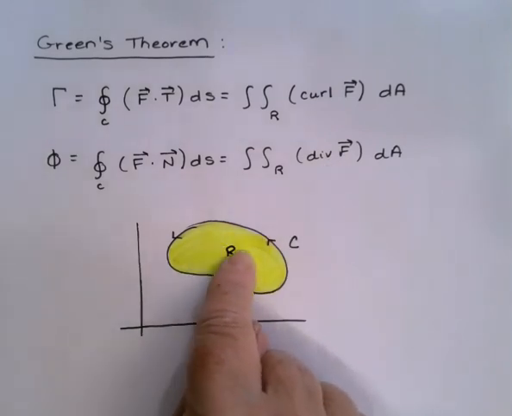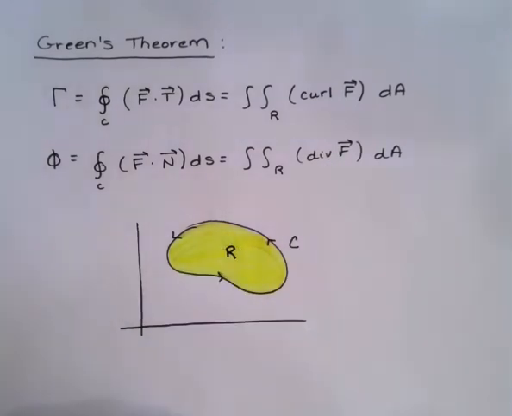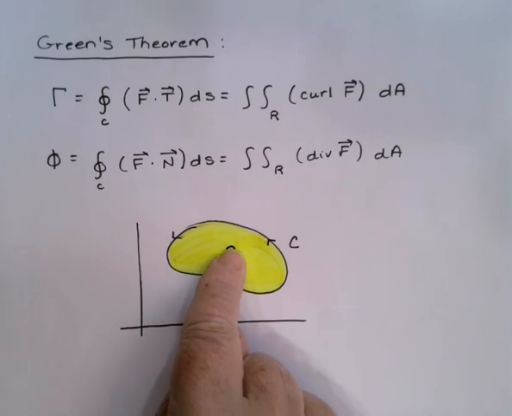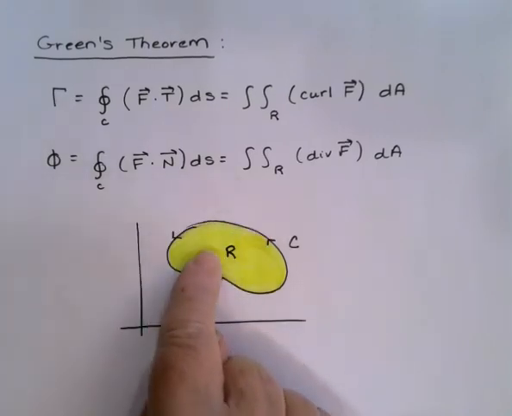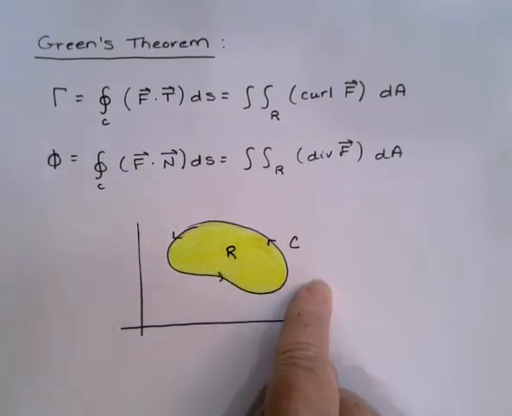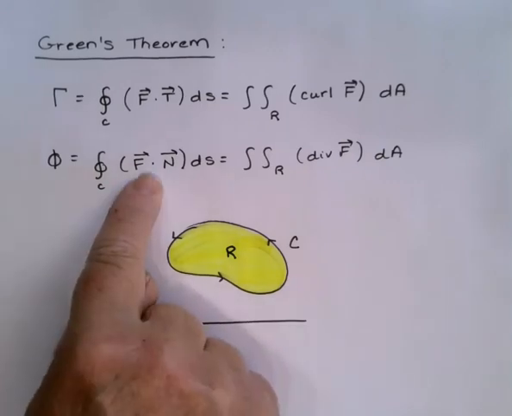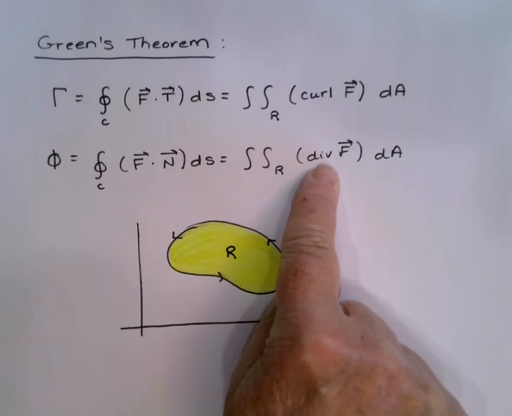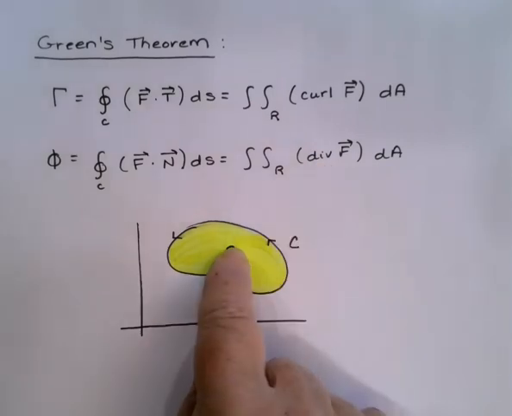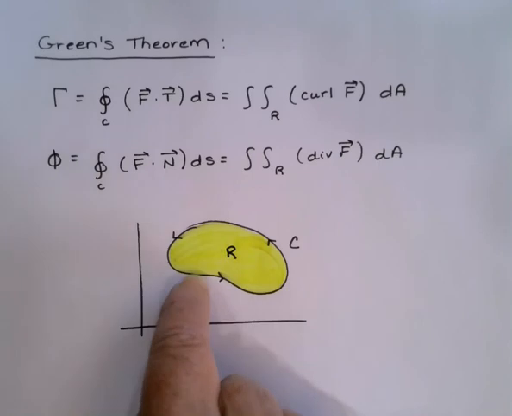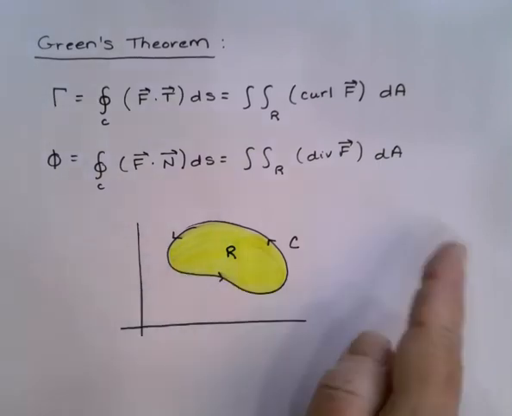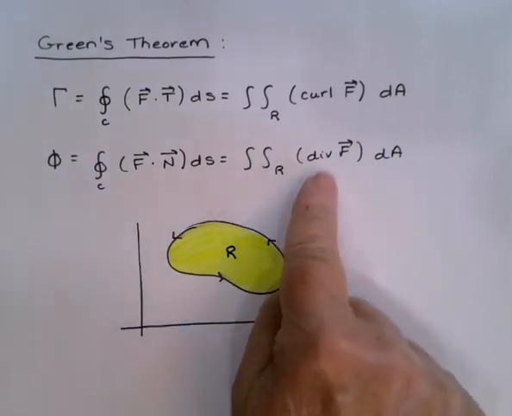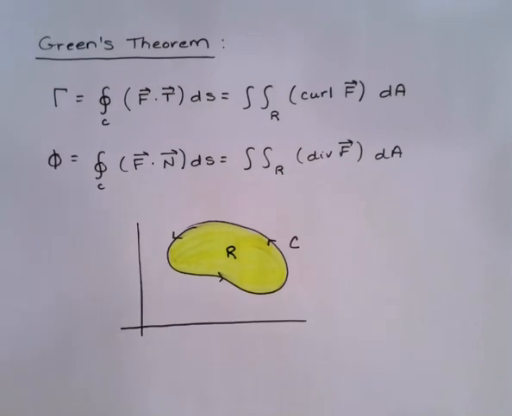So if inside of R, we have a vector field that's expanding, it's going to push stuff out across the boundary, and you're going to end up with a large and positive flux. If the divergence is negative and your vector field is contracting, you're going to be bringing things in across the boundary, and you'll have a negative flux. So the fact that divergence is related to flux also should not be surprising.